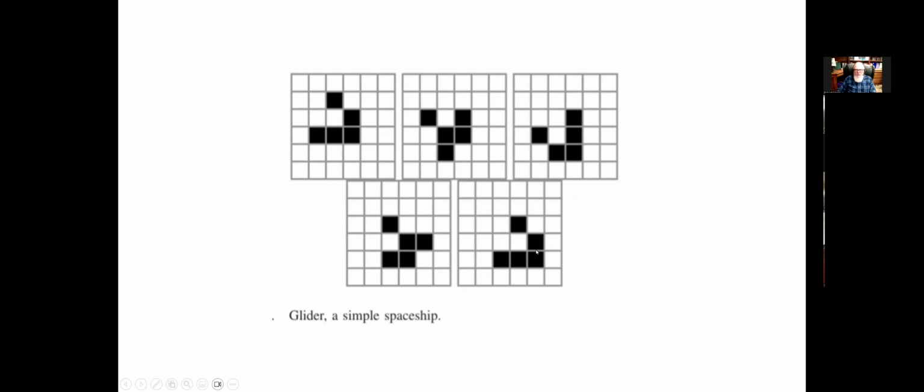Now, what is really cool about this is that this pattern is exactly the same as this pattern, except displaced horizontally 45 degrees. So if we repeat this again, this glider is just going to go down 45 degrees and just keep on going. That's the reason they call it a glider. And so this again obeys the four simple rules of the game of life, Conway's rule of life.